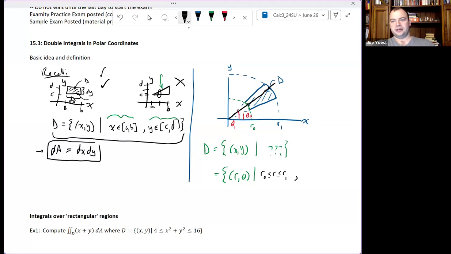And independently of that, if I were to choose my value for r, that doesn't place any restriction on what I can choose for theta. If I wanted r to be right in the middle of r0 and r1, I could pick any value of theta between theta naught and theta 1 still.